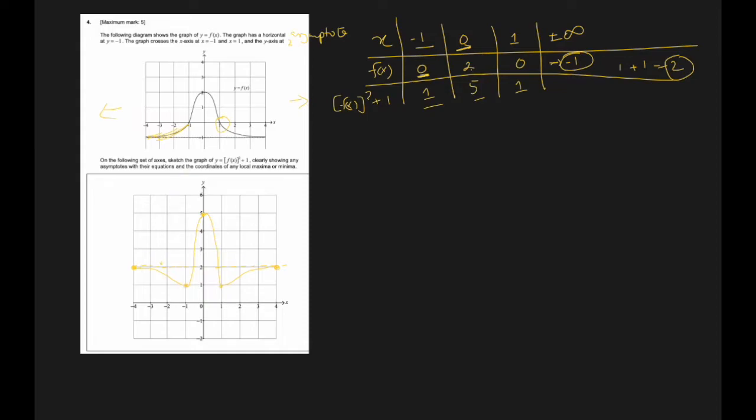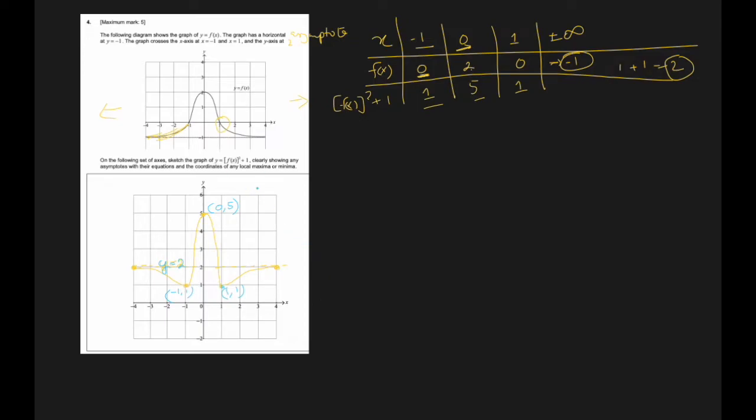So the equation of this one is y equal to 2. And the coordinates of any local maxima or minima. So let me write the coordinates of the maximum here, which is (0, 5). Local minima here are (1, 1) and (-1, 1). And we have already written the equation of the asymptote.